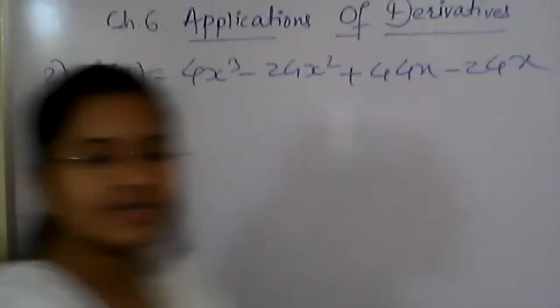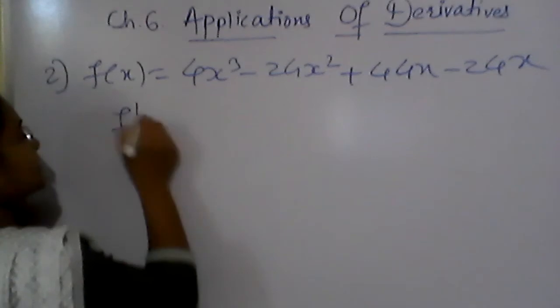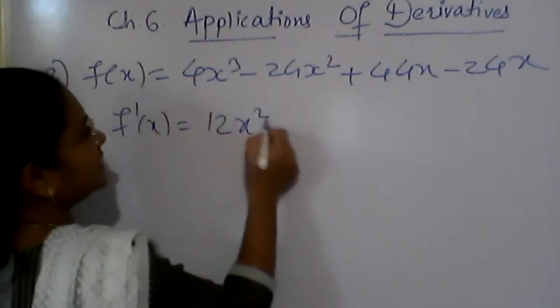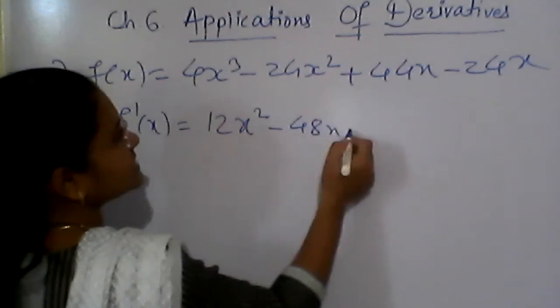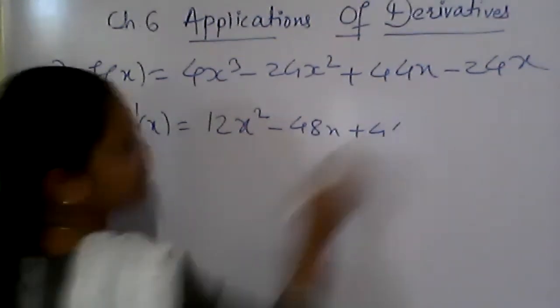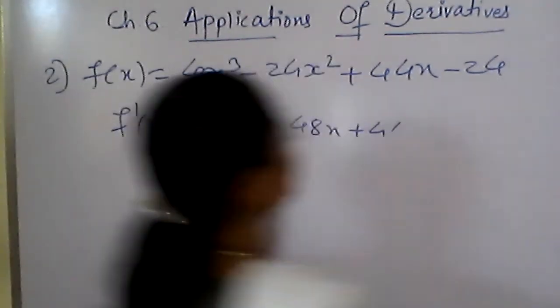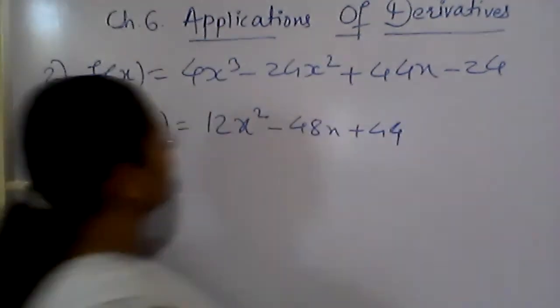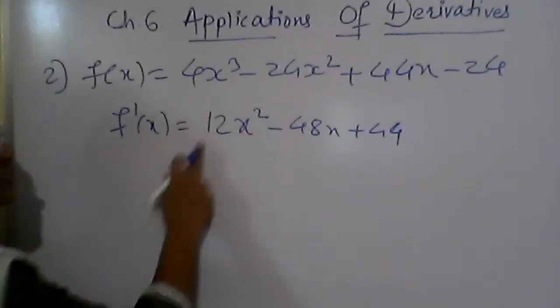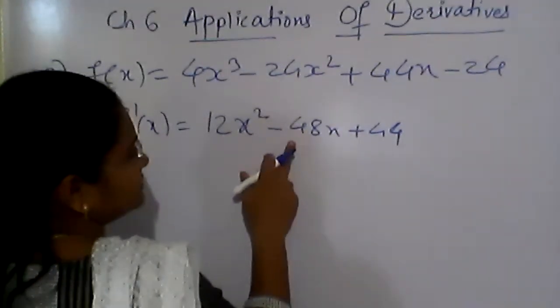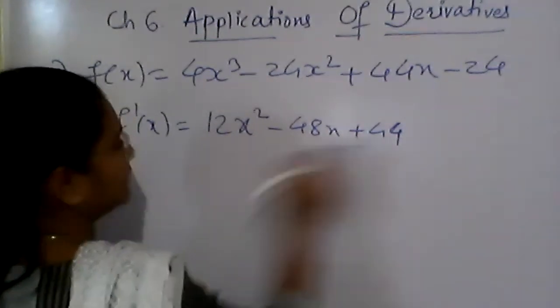Okay. What is the derivative? F dash x equals 12x square minus 48x plus 44. It is not 24x, it is only 24. So 4 threes are 12, and there is a 4 here and a 4 here.